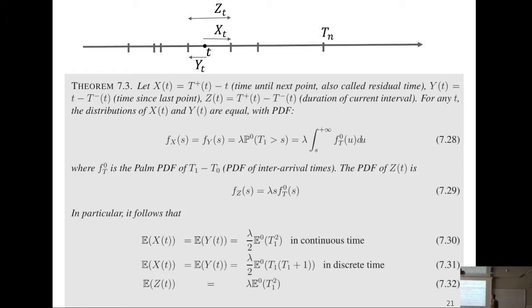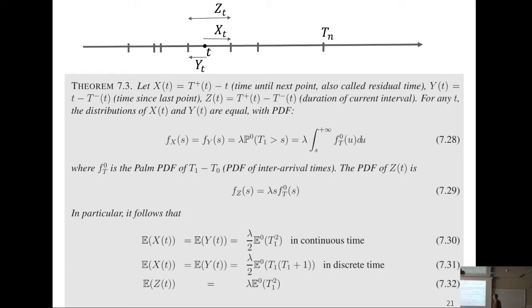Then by applying exactly the same kind of formulas we've done for the mean, if I do that for an arbitrary test function of x, I will obtain those formulas here. The PDF of x is given by this formula, lambda times the Palm probability that T1 is larger than S, which is the Palm way of writing things.